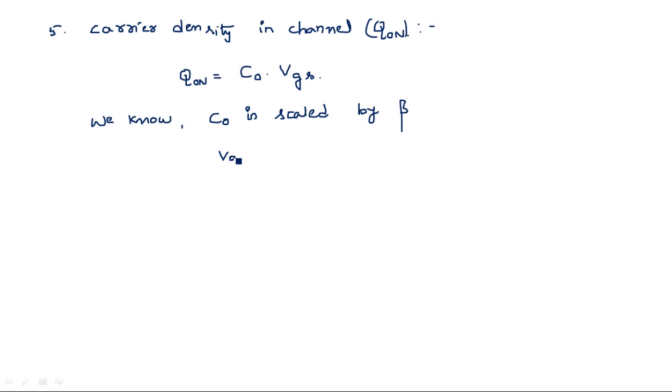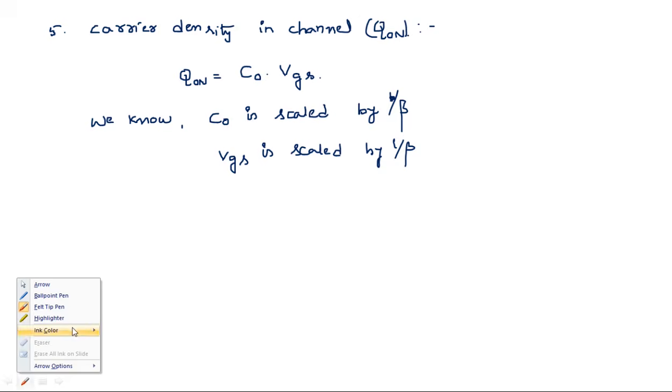And coming to VGS, what is VGS? VGS is a voltage. Especially we have written voltages are scaled by beta, therefore VGS is scaled by 1 by beta. And C0 is scaled by beta only, not 1 by beta.